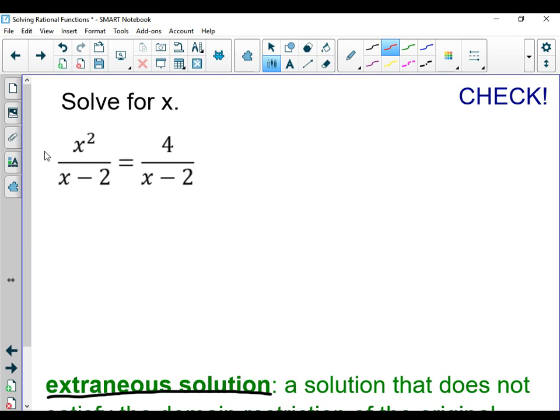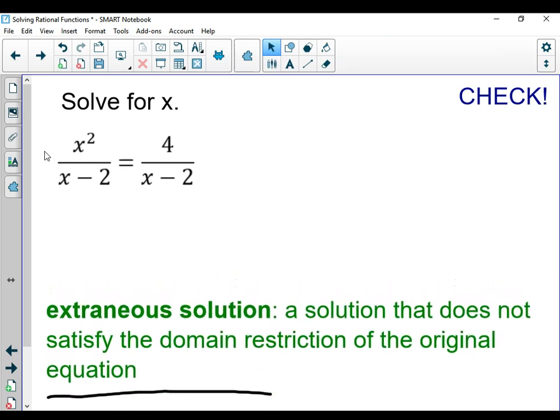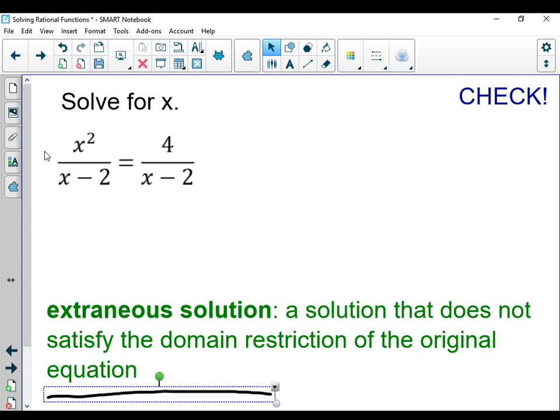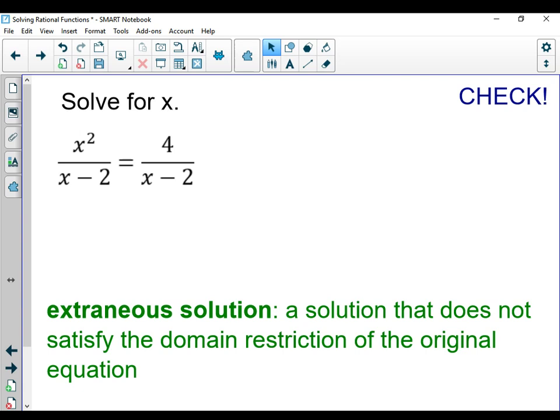Go ahead and write this one down. I have a guess what the answer is.